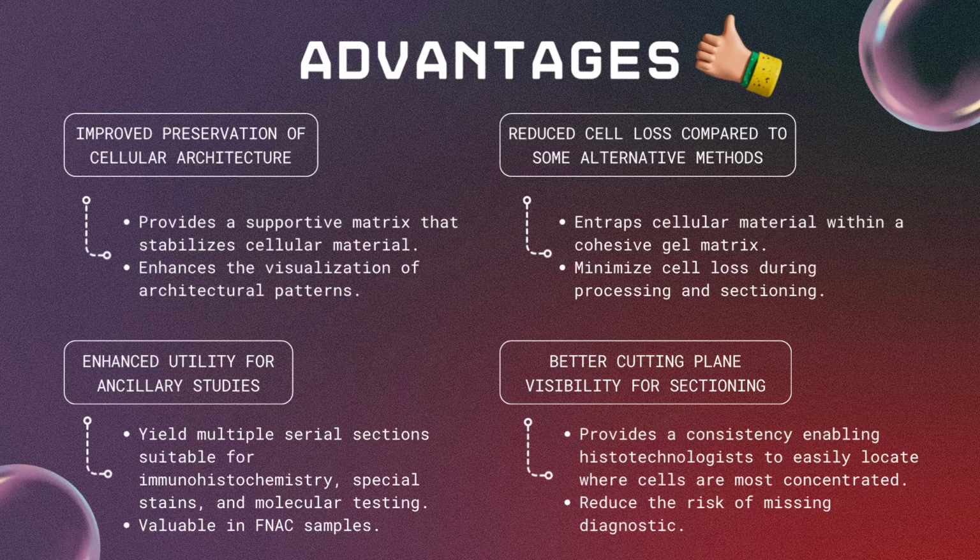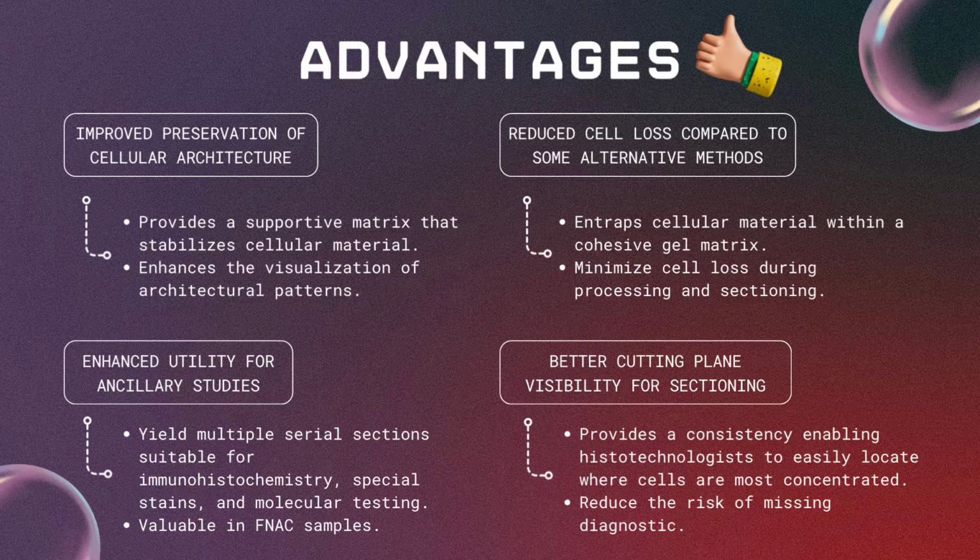Histogel provides a supportive gel matrix that holds the cells together. This helps the sample retain tissue-like architecture, making it easier to see important structural patterns such as clusters, glands, or cell arrangement that may be poorly appreciated in routine smears. This greatly helps in improving morphological interpretation.